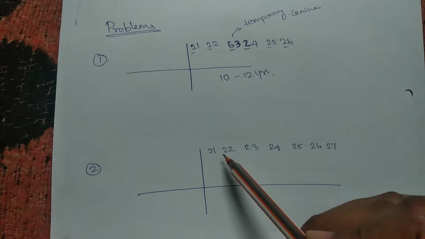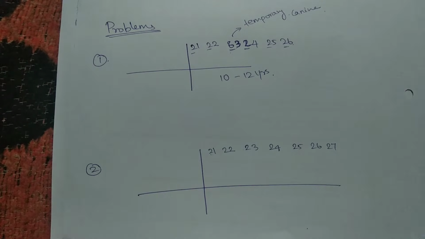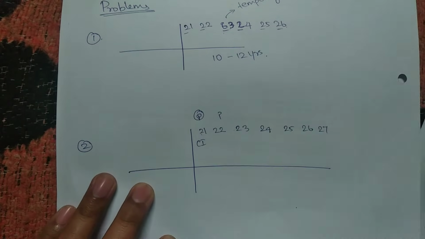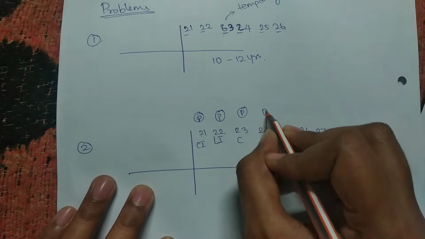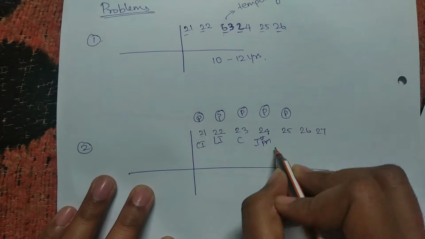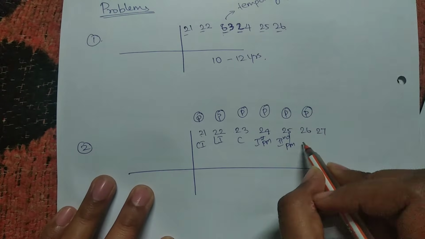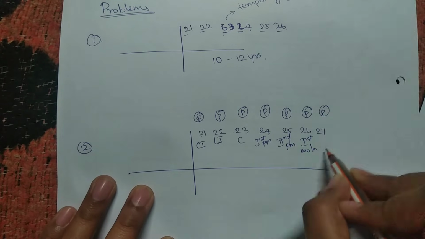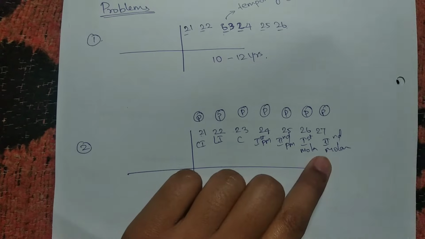And coming here, this is the permanent central incisor, permanent lateral incisor, permanent canine, permanent first premolar, permanent second premolar, permanent first molar, and permanent second molar. So there is no third permanent molar present.